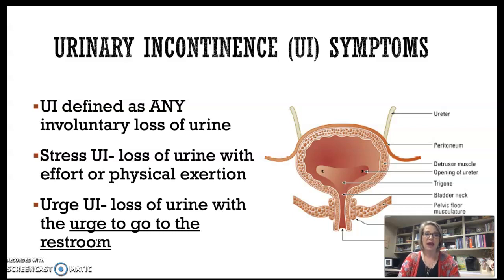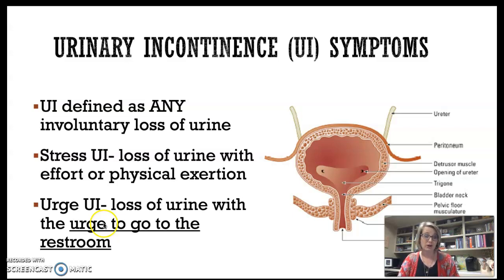And so, as you can see here in the muscles that surround the urethra in this image, if those muscles aren't nice and strong, then they're not going to be able to hold urine in and keep you from leaking. So that's stress incontinence, loss of urine with coughing, sneezing, running, jumping, anything that means an increase in intra-abdominal pressure or an increase in exertion.